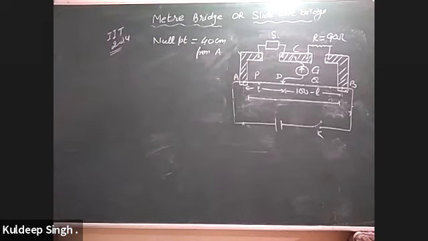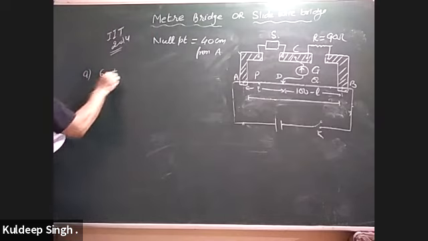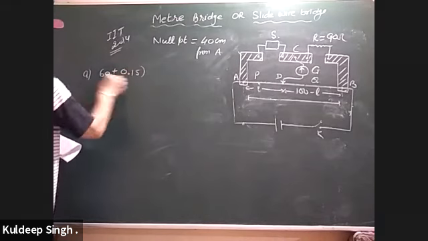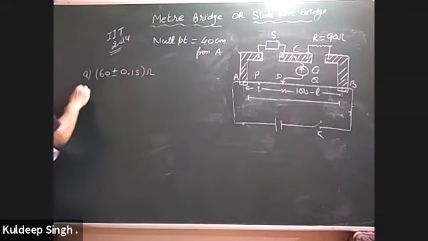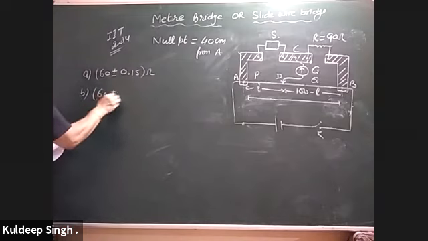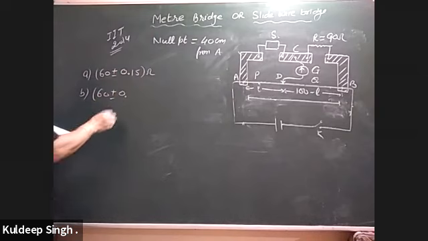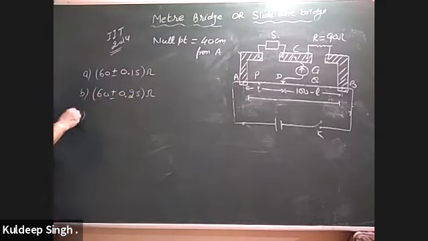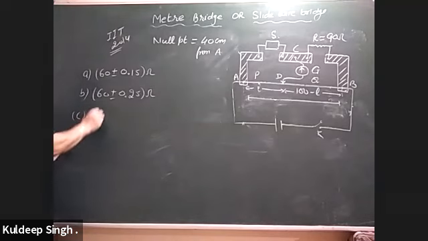the unknown resistance. 4 options were given in the numerical: A is 60 plus minus 0.15 ohm. B is 60 plus minus 0.25 ohm. ऑप्शन मैंने थोड़ी चेंज कर दी है.